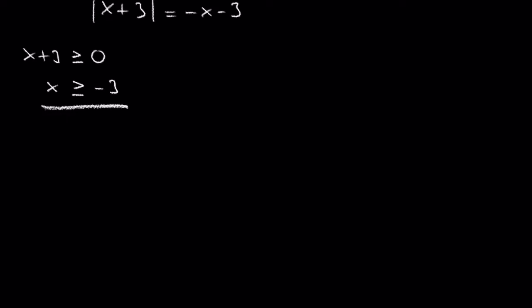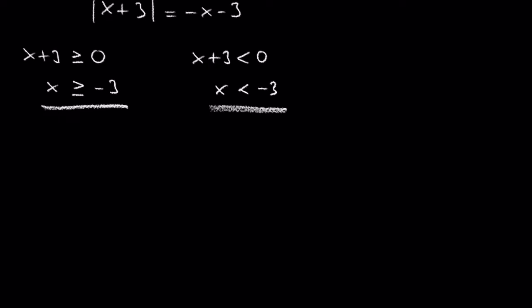The second case is x plus 3 is less than 0. We see after subtracting 3 on both sides that x is less than negative 3. In other words, the expression inside the absolute value bars is less than 0 only when x is less than negative 3.